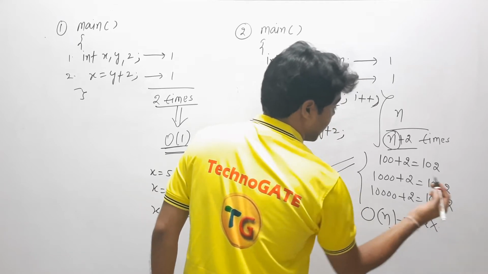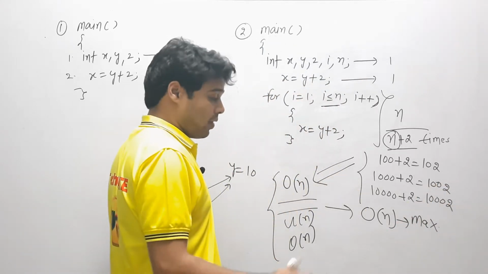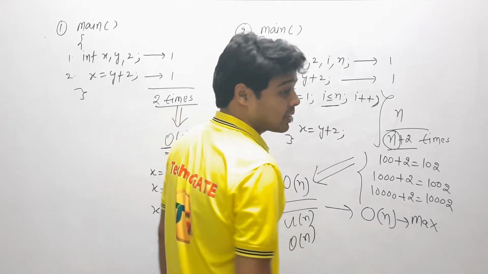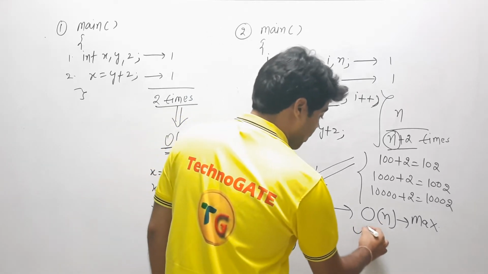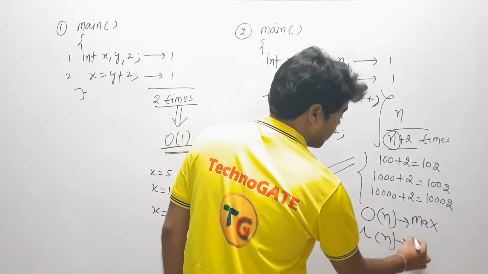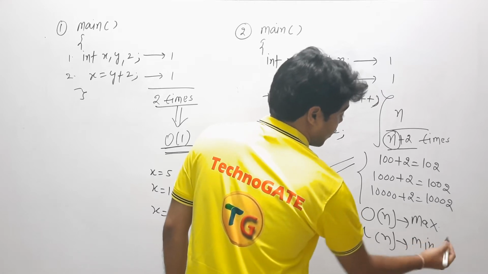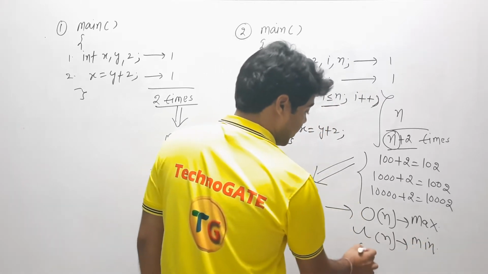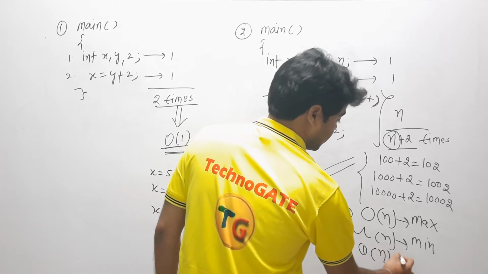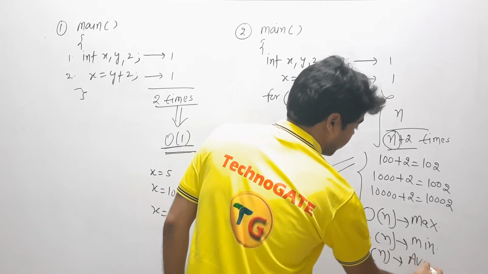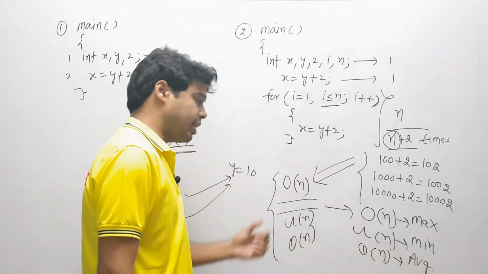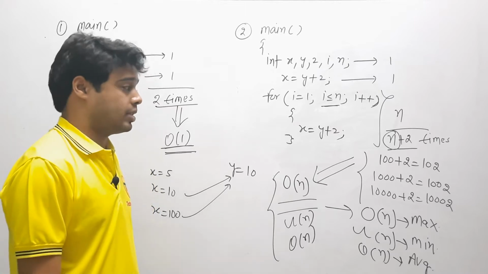We will discuss it in an upcoming lecture. For the best case time complexity, omega of n is the minimum or best time. For the average case time, theta of n we will use for the average. But if only time is asked, we can use any notation. So remember this one.